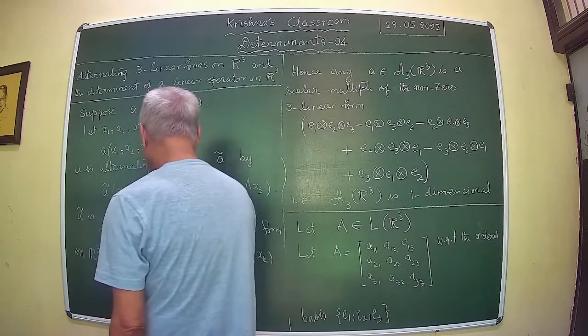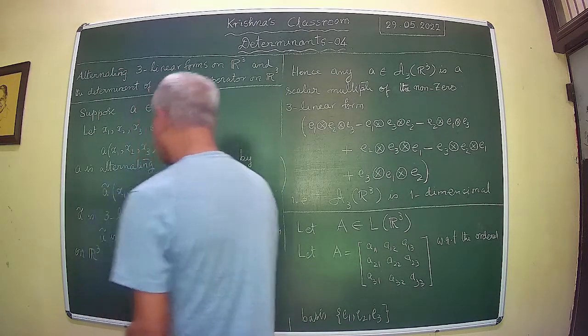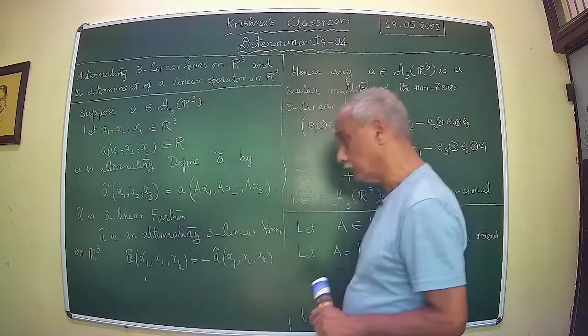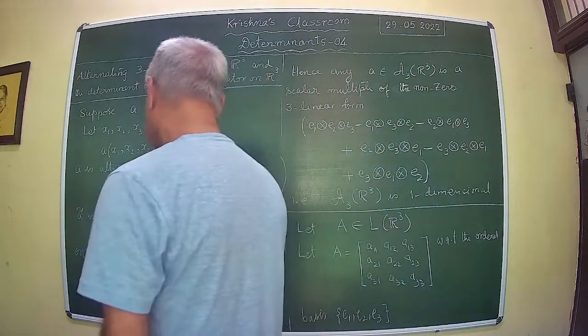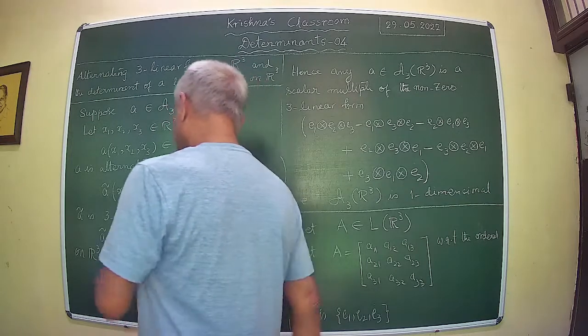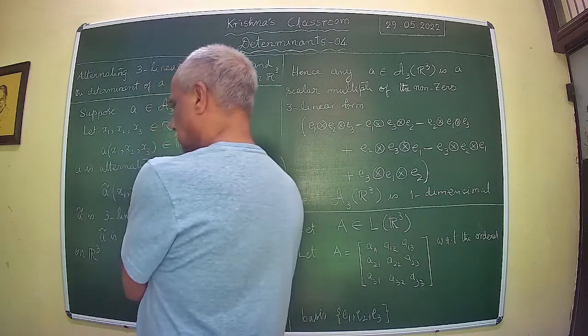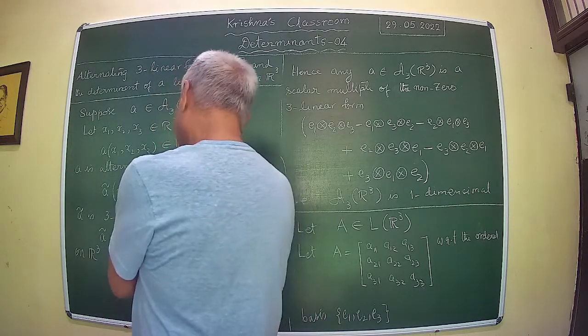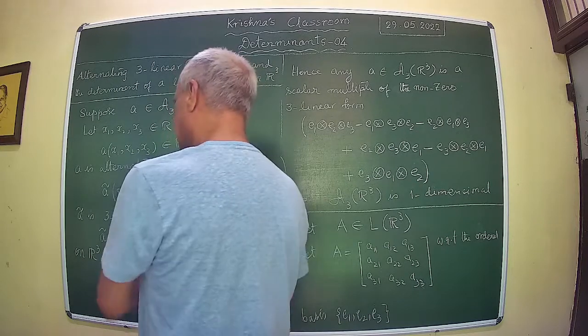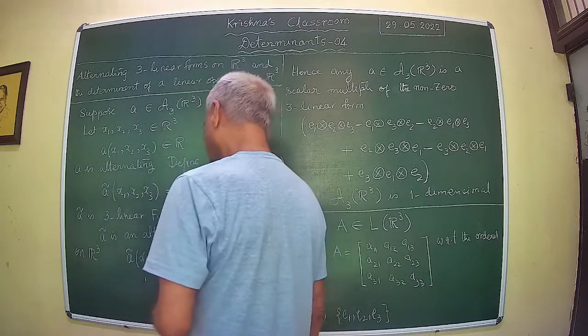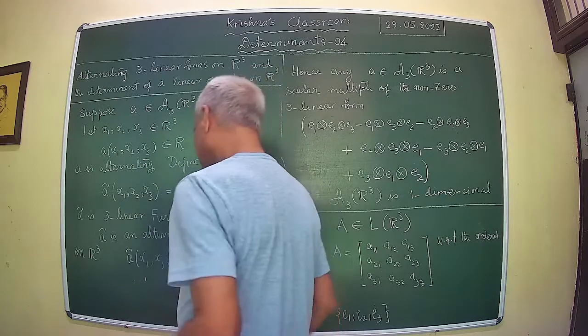That means if two of the arguments are identical, then A tilde is 0. If you interchange any pair of arguments, then the sign changes.